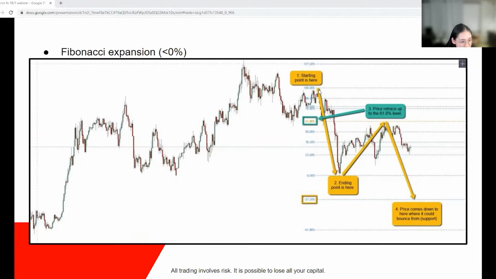You retrace the mid-range from here to here, and you make use of the support in the negatives, which means the negative 27.2 and the negative 61.8.